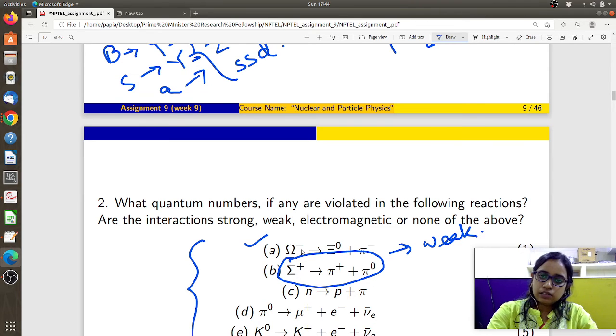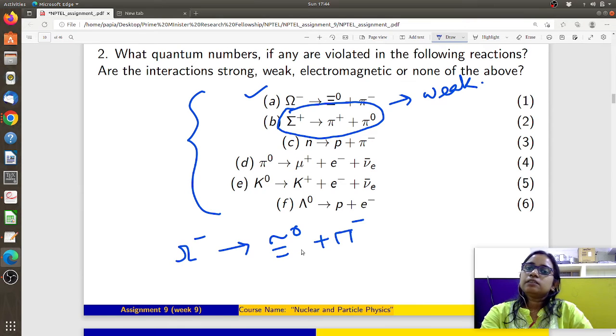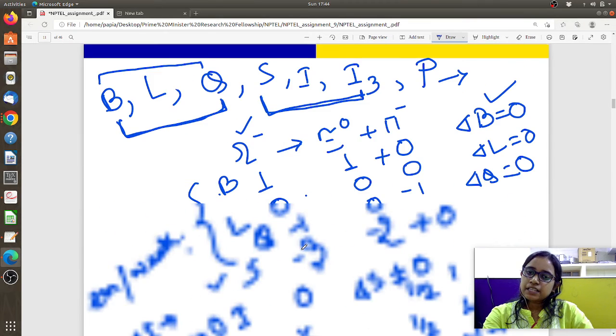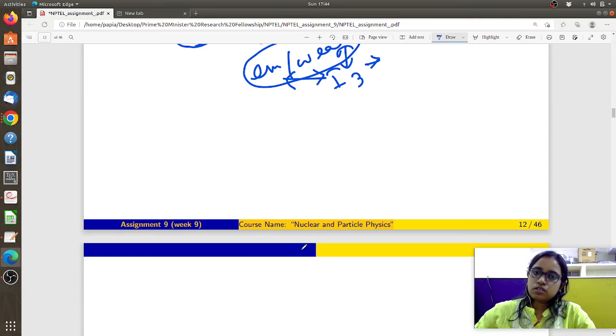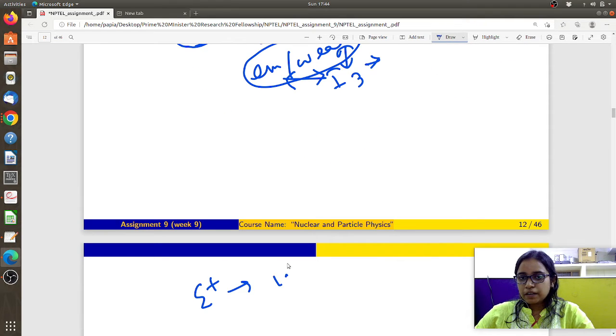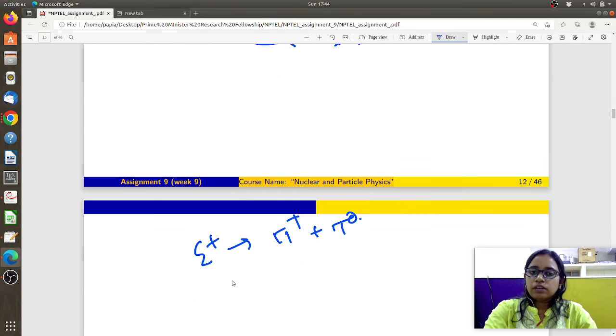What was that? Sigma plus goes to pi plus pi 0. Now at first, we have to see whether this nuclear expression is allowed or not.